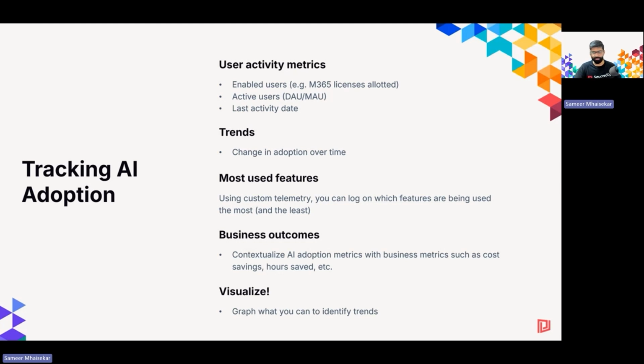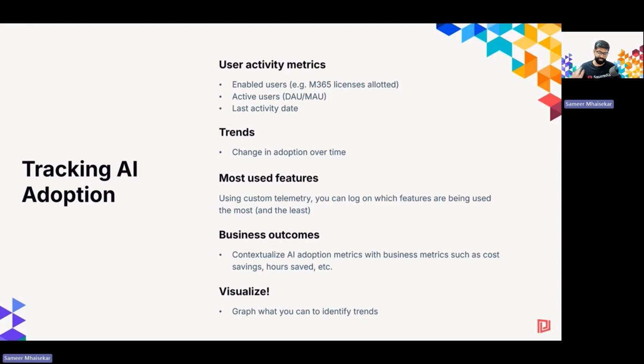So you have to somehow log these savings as well, and then correlate them with the more technical metrics, so that you can prove with data that while AI adoption is increasing, productivity increases proportionately.